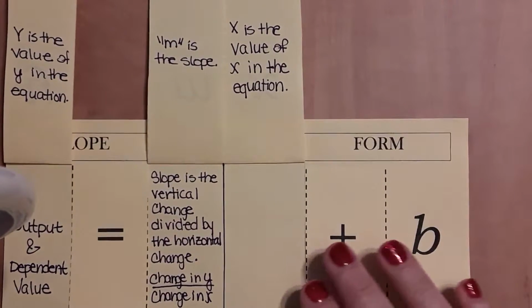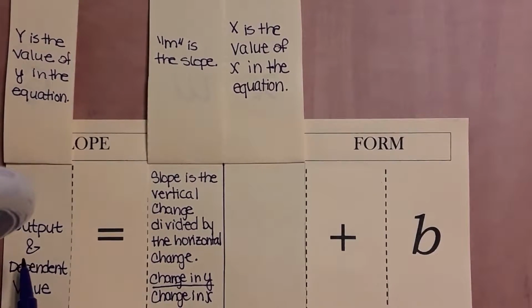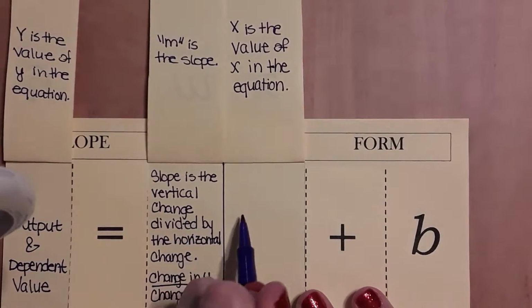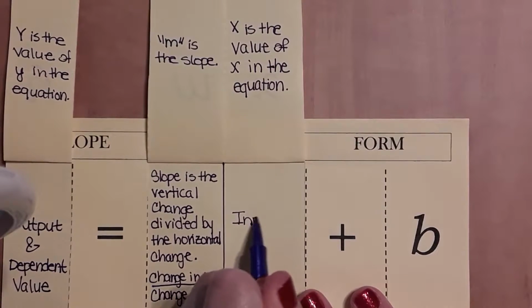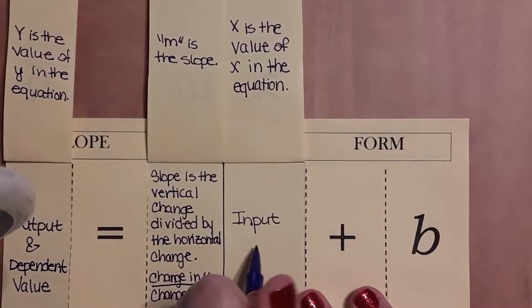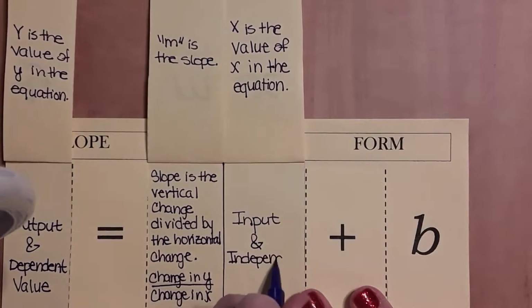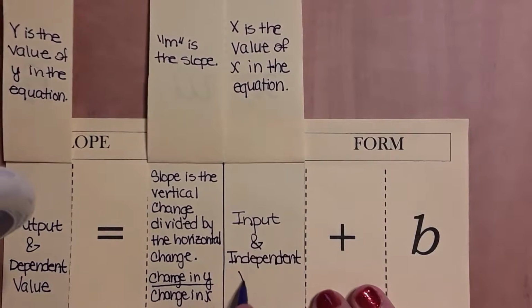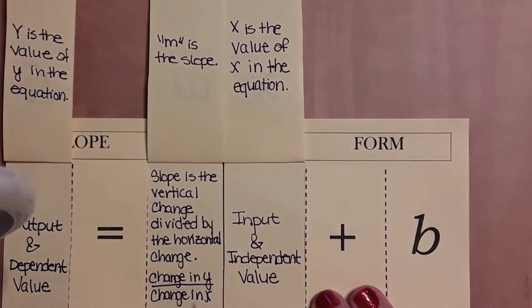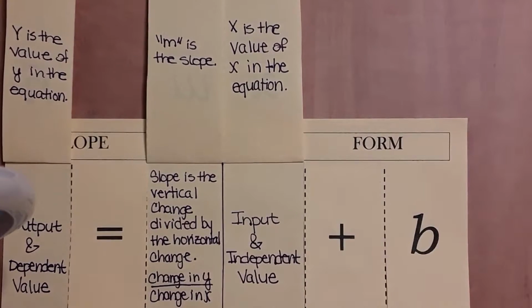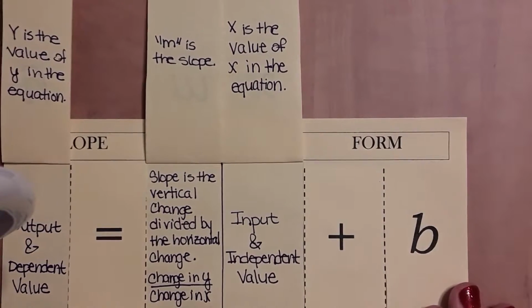Okay. And with y, we had the output, so x is our input, and x is the independent value. X does not need y, but y needs x.